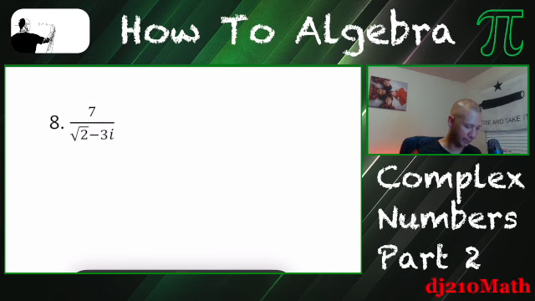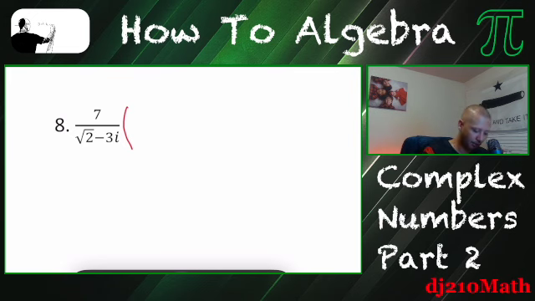I feel like this is the pinnacle of the problem right here, or of the topic of simplifying. So there's no tricks on this one. This one is straight. We've got to use the conjugate. There's no easy way about it.